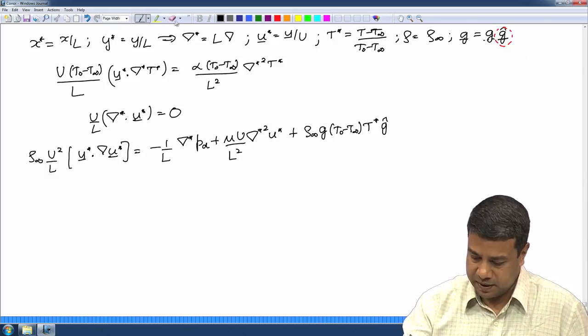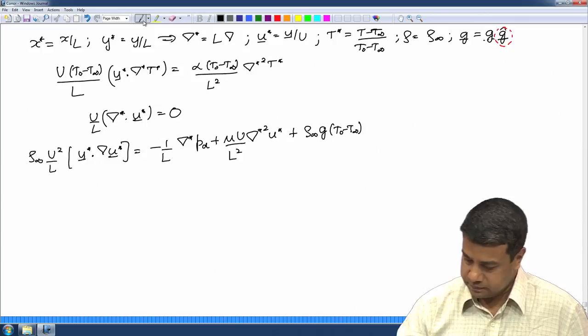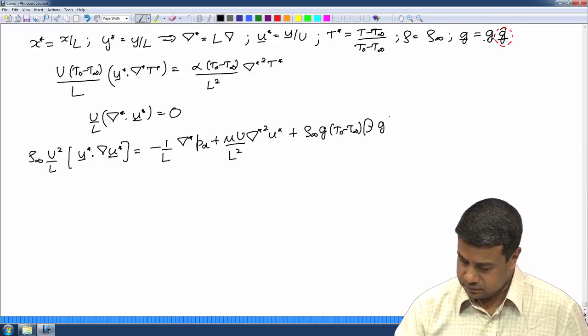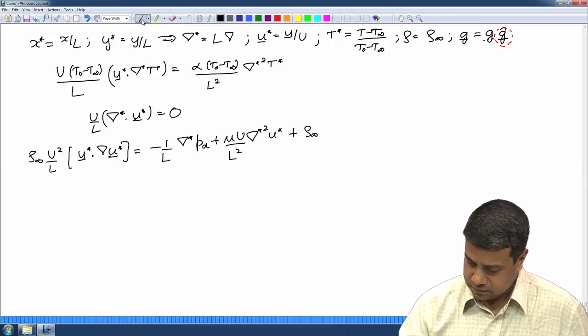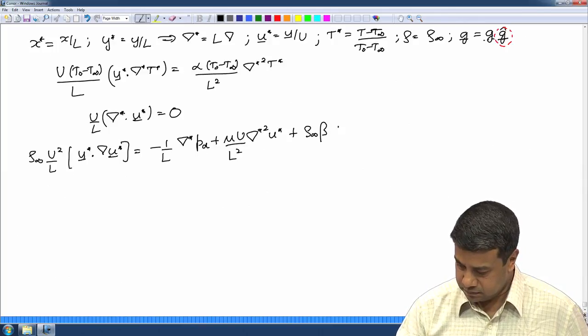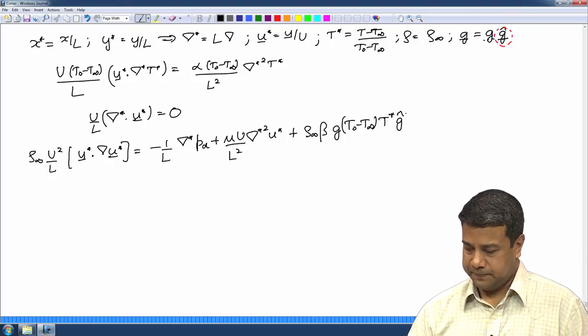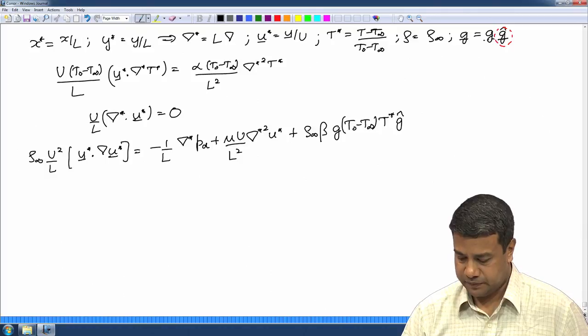I am sorry, there should be a beta as well, the thermal expansion coefficient. So, this is going to be my momentum conservation equation.